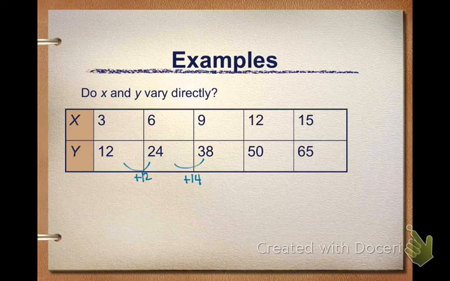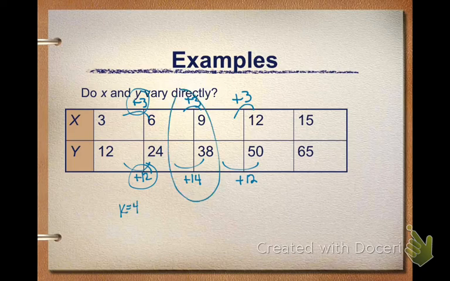Similar to what we've done before, as we go up, the x value is going up by a constant rate of 3 each time. They're not going to vary directly, because with 12 over 3, my k would be 4, whereas with 14 over 3, my k is not going to be 4.